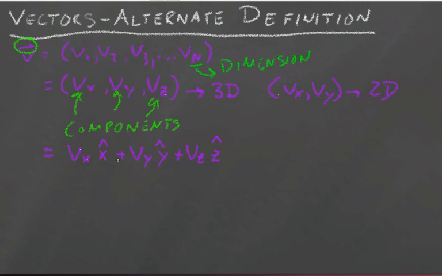But for now you can just think about them as directions. Okay, so again we have this vx, which is the same x component as before, this vy, the same y component, and this vz, the z component. This notation is a little bit more clear because now it's letting you know that the first component is in the x direction, the second component's in the y direction, and the third component's in the z direction. So you notice I'm talking about directions here.